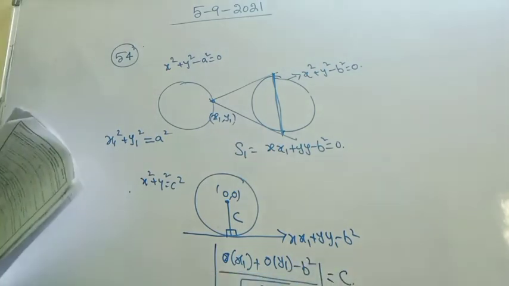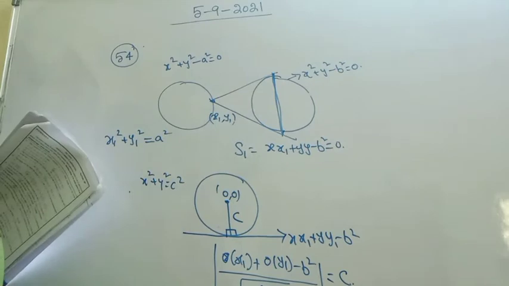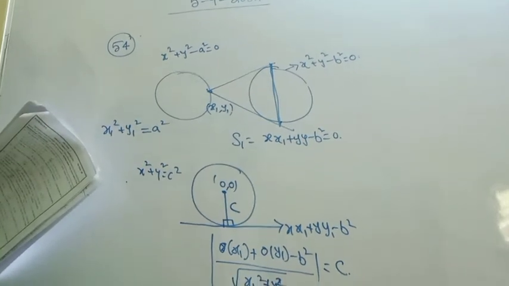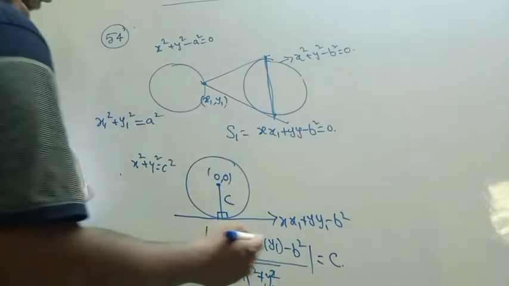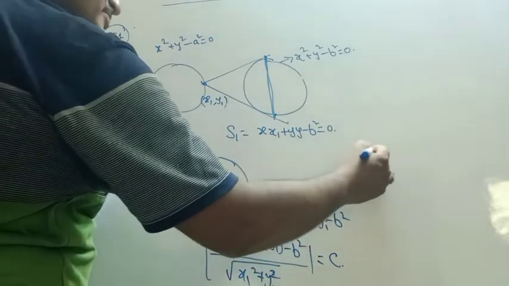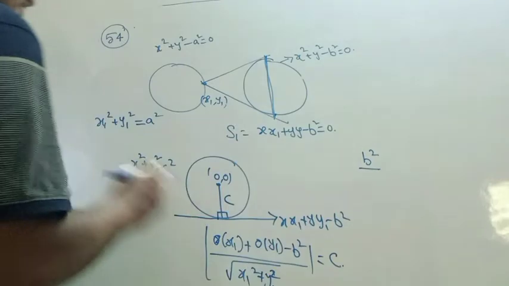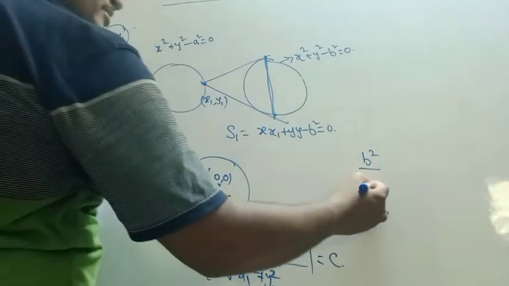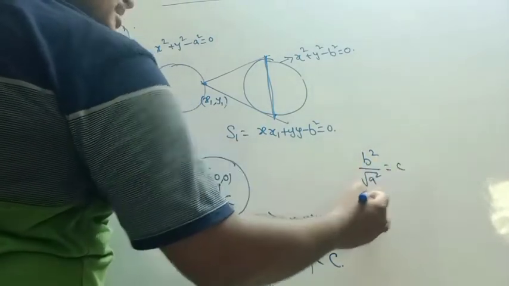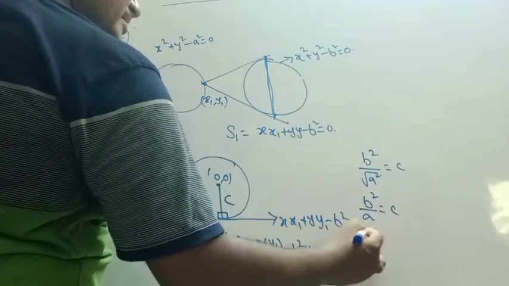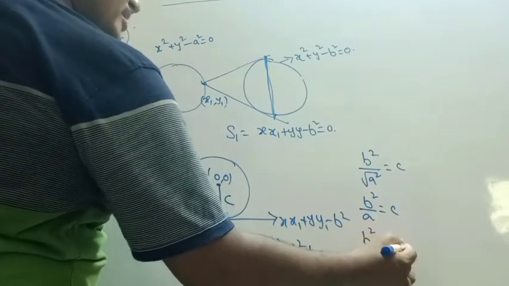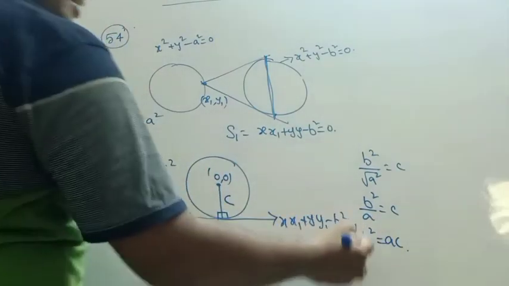This is what we have here. And this is b² divided by √(x1² + y1²) = c, where x1² + y1² = a². The square root of a² is a, so b²/a = c. Already I told you b²/a = c, and b² = ac. We have got this condition.